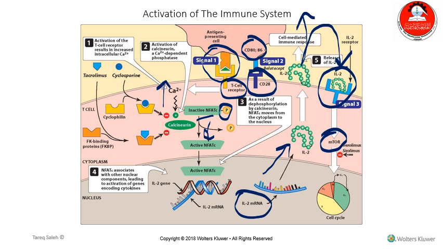So it results in rapid cycling in the cell cycle and consequently more cellular growth and proliferation. So the last step mediated by IL-2 results in the growth and proliferation of the activated T cells. You need all these three steps in order to obtain an effective activation of the immune system.